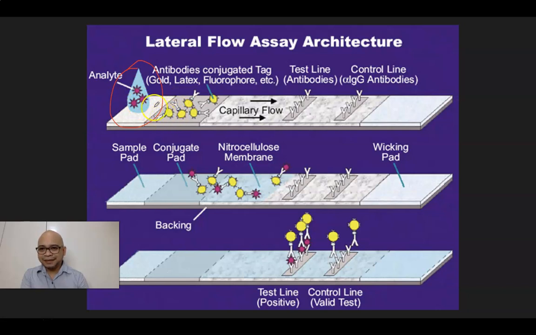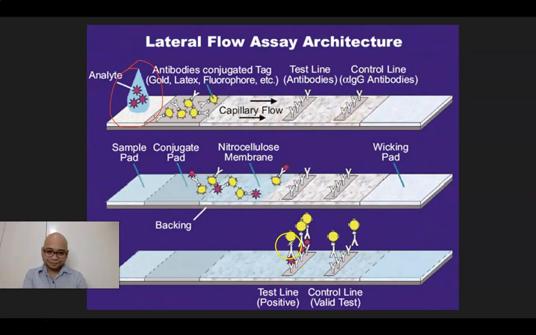If these antigens are specific to the antibodies, the antigen will bind to the antibodies, and through the capillary flow, since you have an absorbent pad here, it will flow until such time that it reaches the test line antibodies and then the control line antibodies.